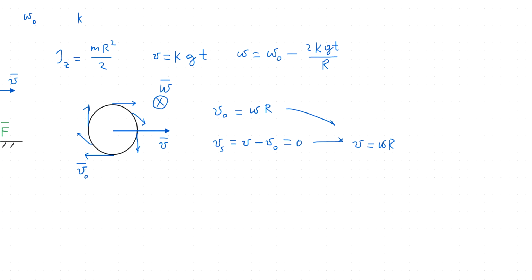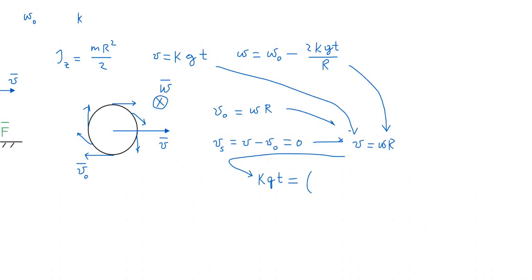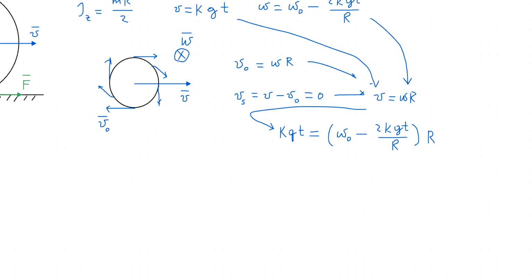And after substitution of this and this, we will get kgt is equal to (omega 0 minus 2 kgt over r) times r. And from this equation, we can find the period of time.